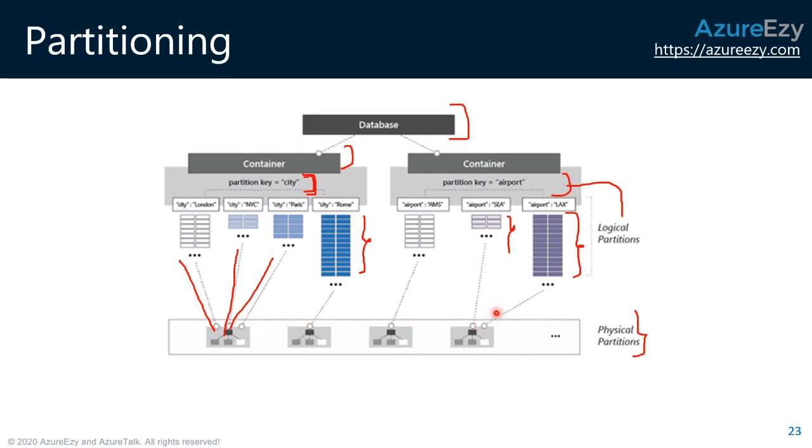More machines we have, more parallel queries can work, and this is how Cosmos DB becomes horizontally scalable limitlessly. Now, stay with me. Let me take you through this structure once again, so that you would have this concept clear in your mind.